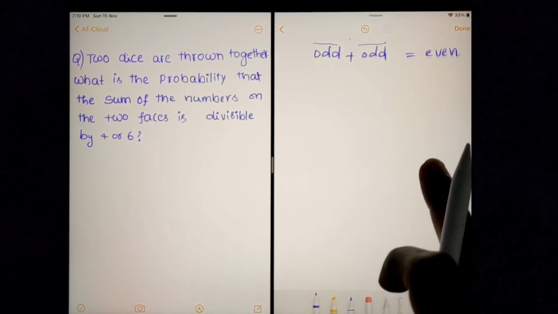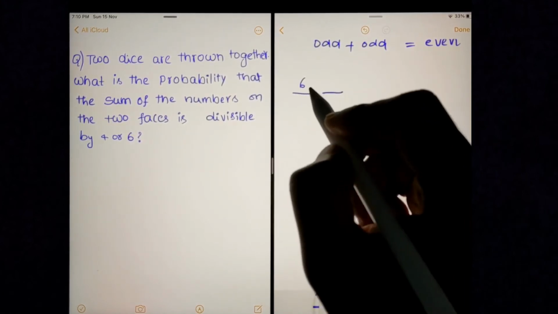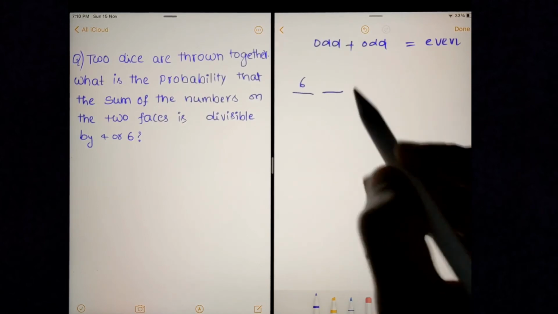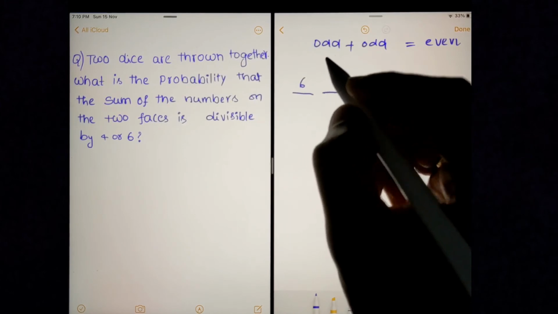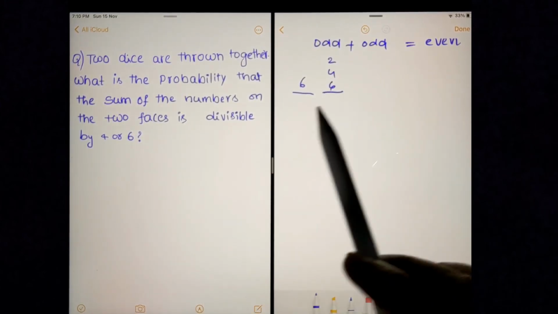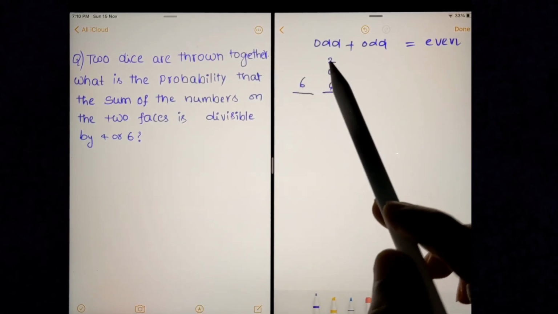Let's solve this problem. I will start with 6, and when the first number is 6, because it is even, the second number cannot be odd. So what are all the leftover numbers? Those are even numbers, that is 2, 4, 6. And let's see among these what are all satisfying the given condition. 6 plus 2, 8.